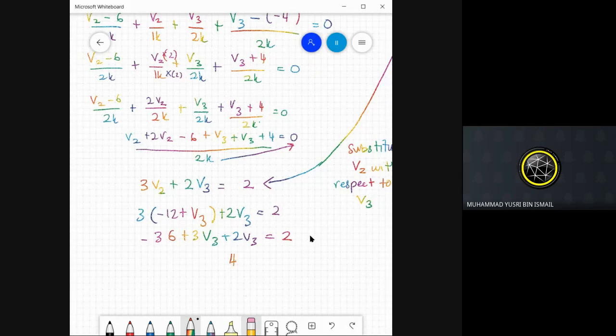Okay, you will have 4V3, 5V3 equal to 38.